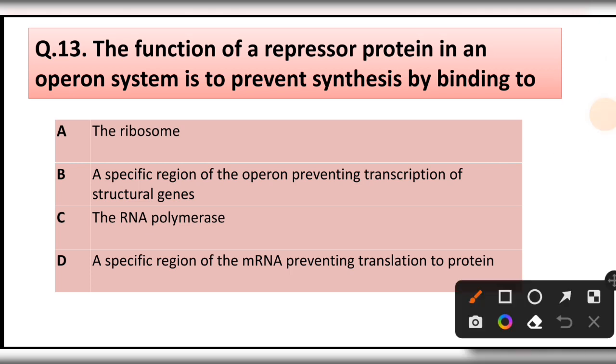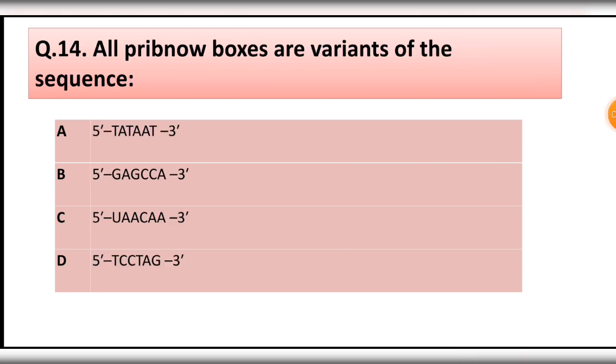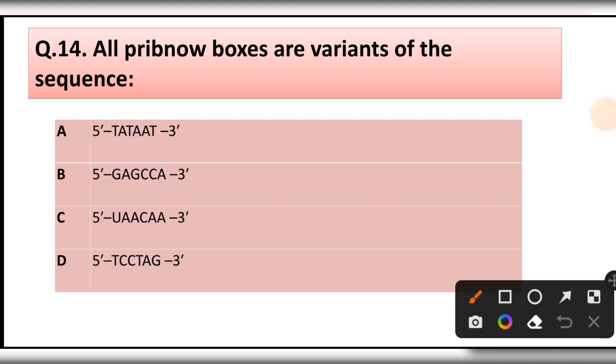Question 30. The function of repressor protein in an operon system is to prevent synthesis by binding to the ribosome, a specific region of the operon preventing transcription of structural gene, the RNA polymerase, a specific region of the mRNA preventing translation to protein. Correct answer is option B, a specific region of the operon preventing transcription of structural gene. Question 40.